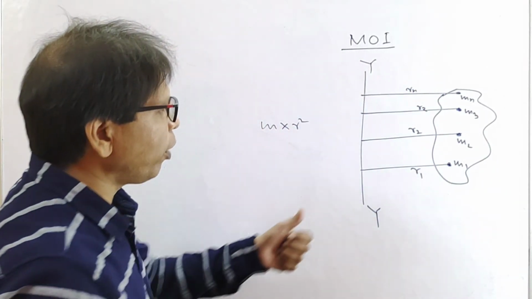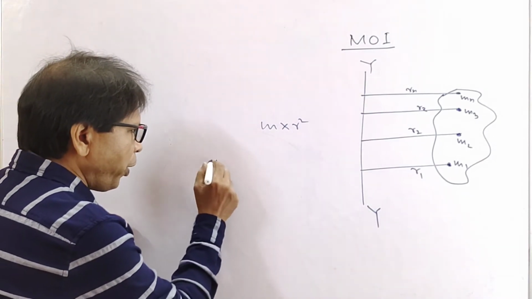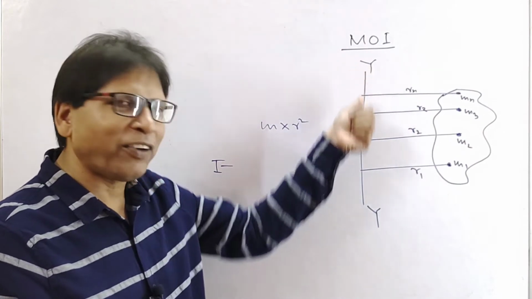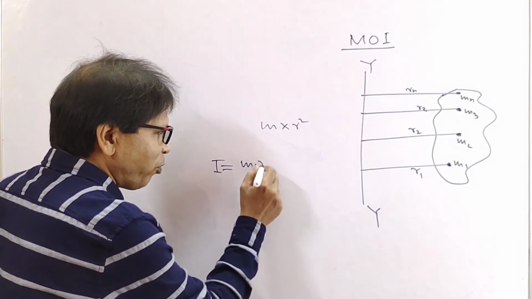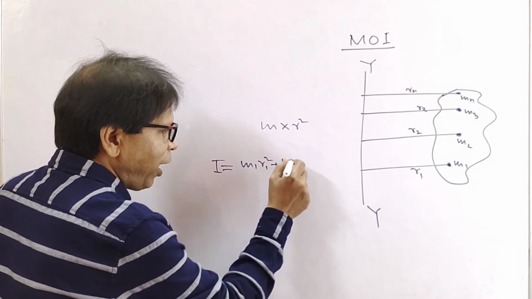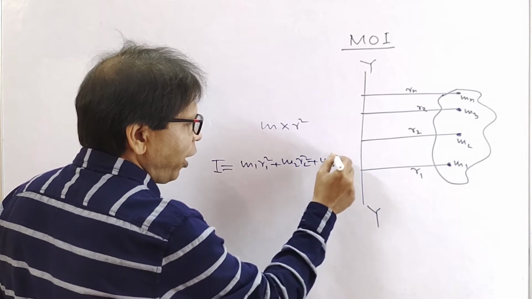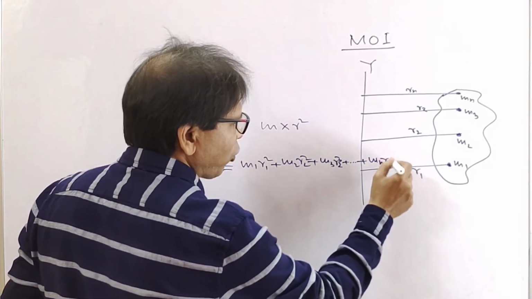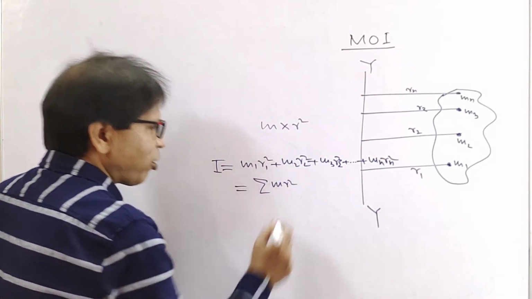So the moment of inertia of the body is equal to the sum of the moment of inertia of all the particles in it about this axis. So I equals m1 r1 square plus m2 r2 square plus m3 r3 square plus and so on up to mn rn square, which can be written as sigma m r square.